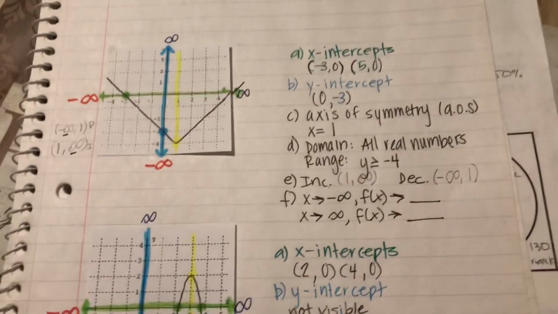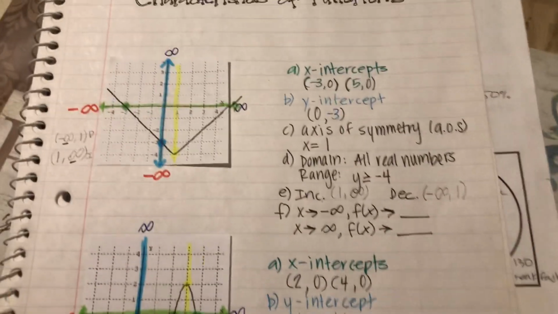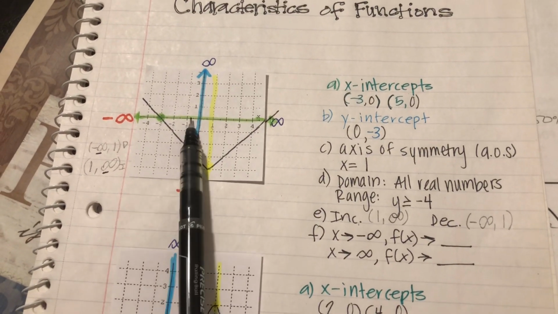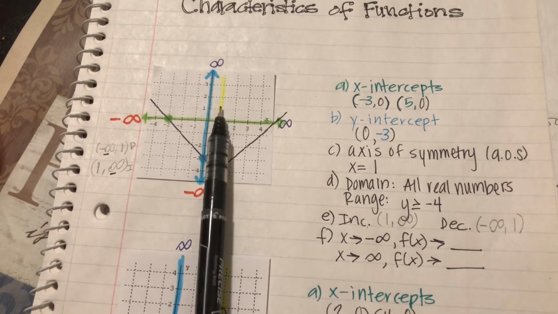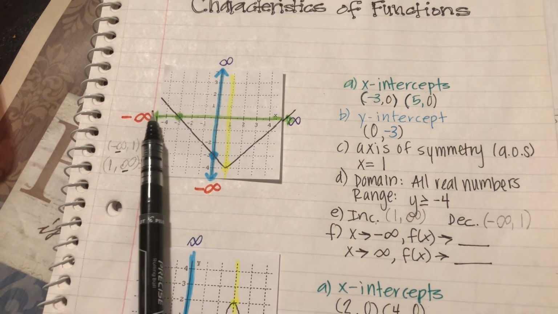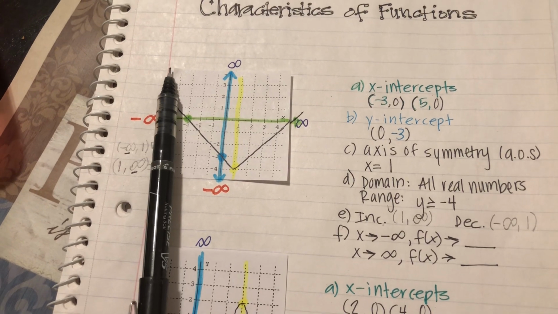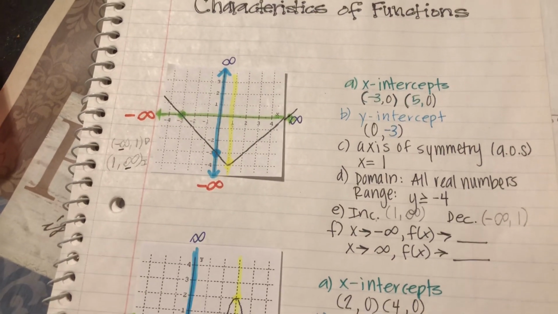Okay, so this is what we did. As my x is getting smaller, going to negative infinity, where do I need to go to meet my y? Up. So that is positive infinity.